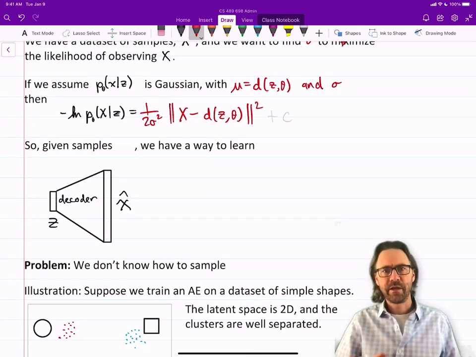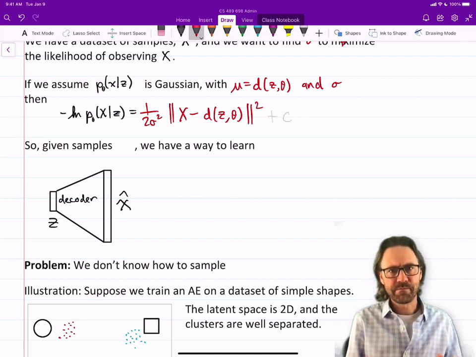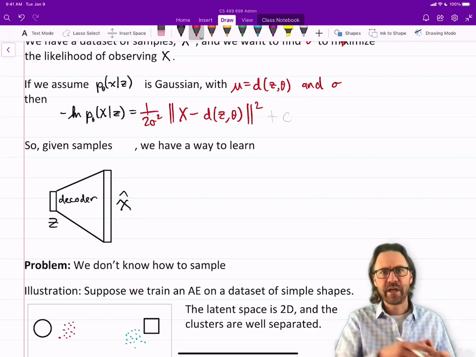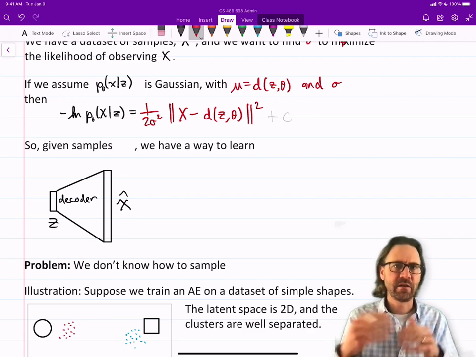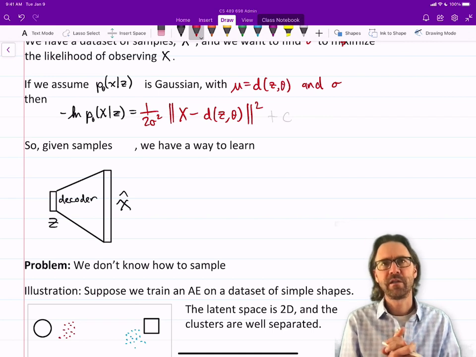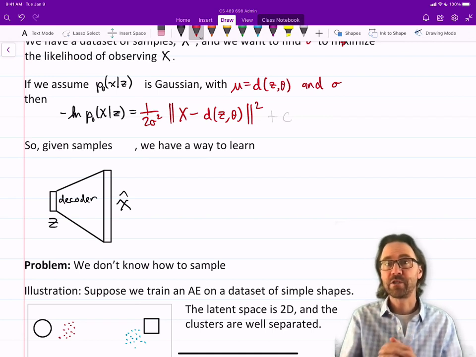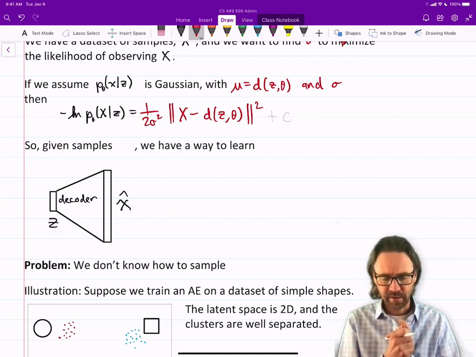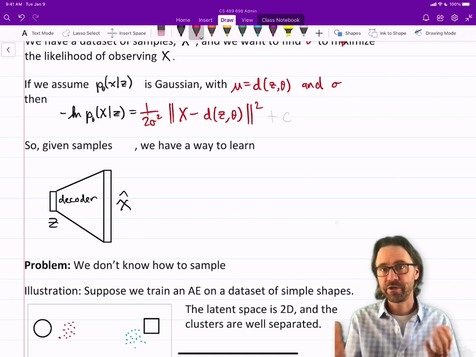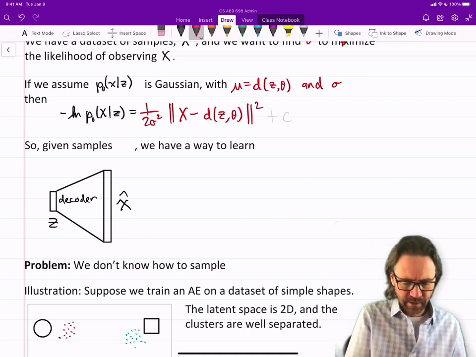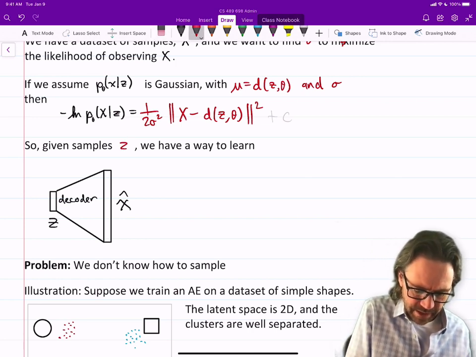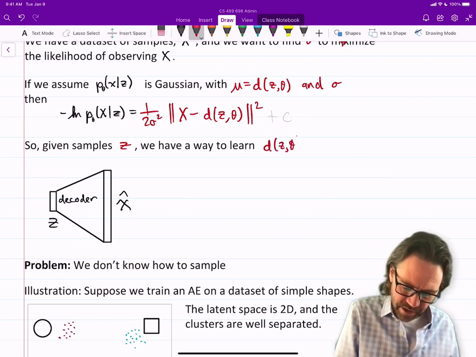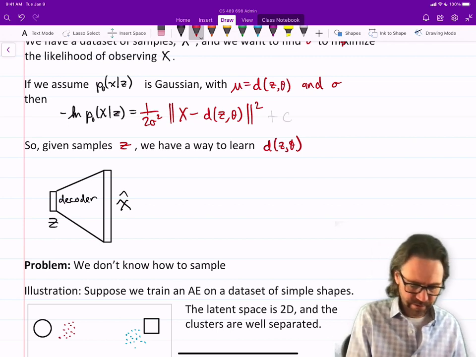But the point is that given some images X, if we can find the right Z's, we can reconstruct from those Z's and then compute the negative log likelihood between our reconstruction and our training sample, and get some measure of reconstruction error from that. So given samples Z, we have a way to learn D of Z theta, that is find the theta values.